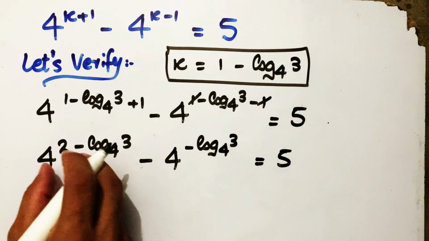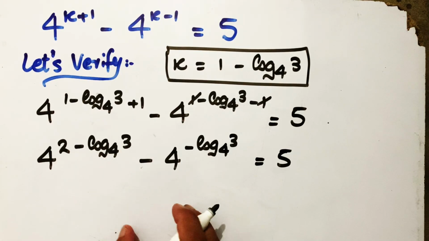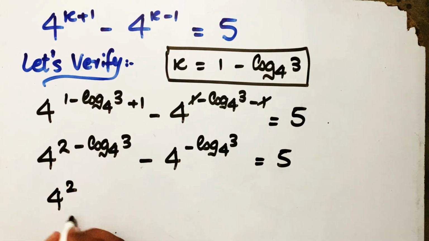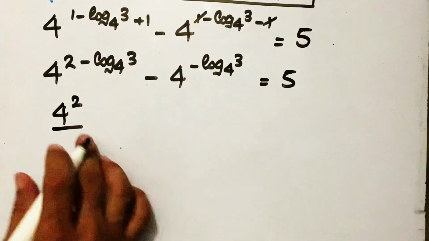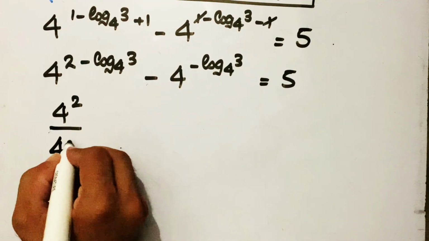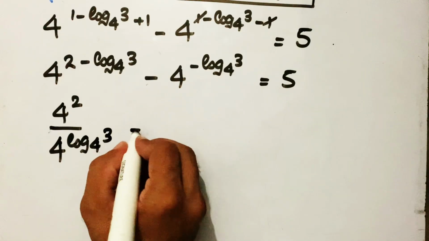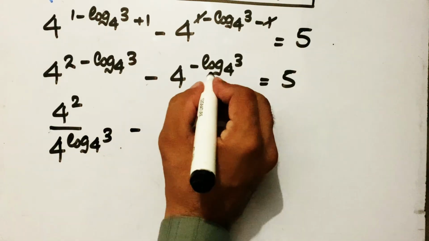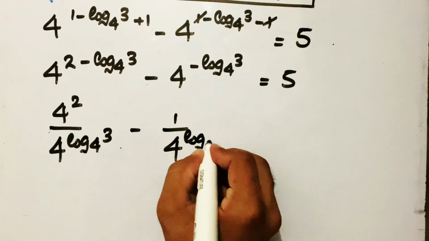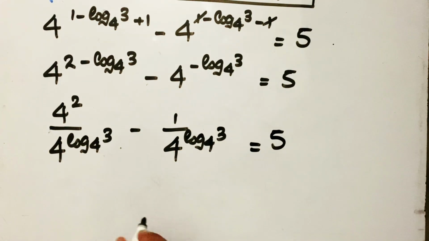As you saw, I'm using the quotient of power rule here. So our equation is 4 squared, and this negative term goes to the denominator side with 4 to the power of log base 4 of 3, minus 1, and this negative power goes to the bottom with 4 to the power of log base 4 of 3, equals 5.